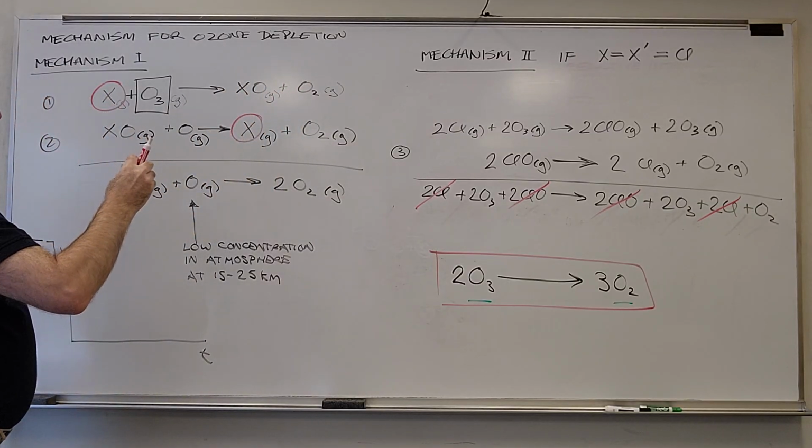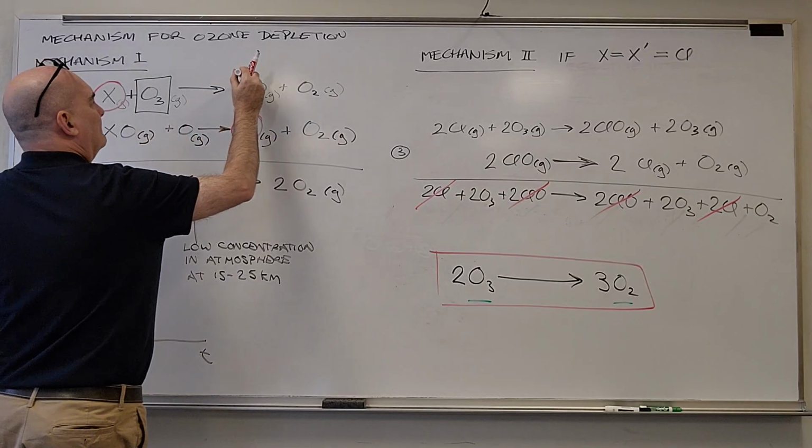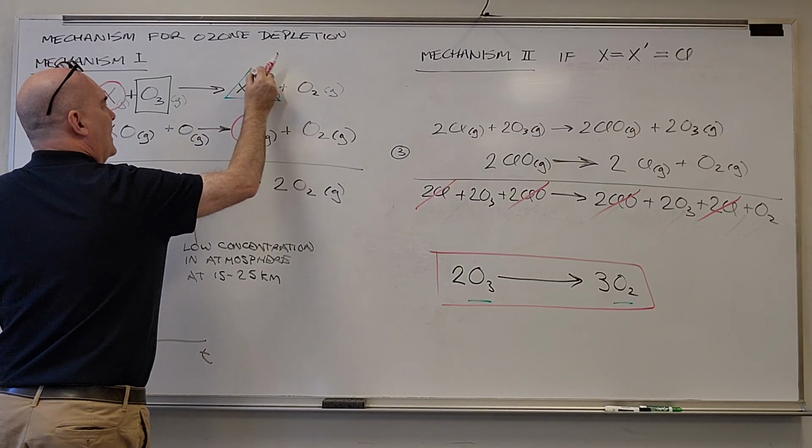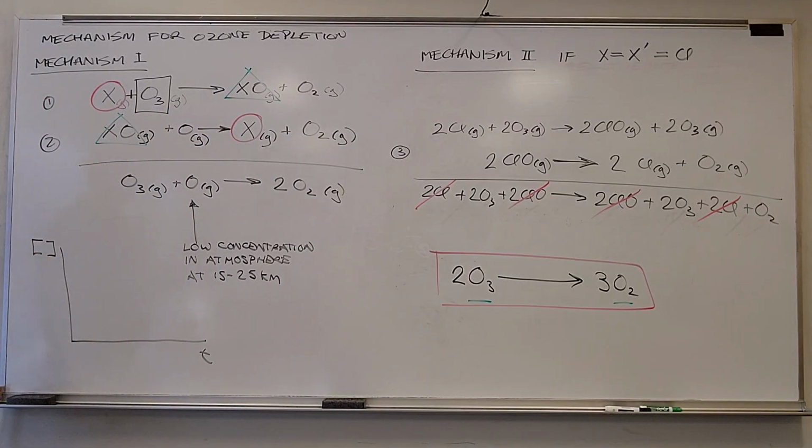And I'm going to label the oxide in green. I'm going to plot a black line, a green line, and a red line versus time.